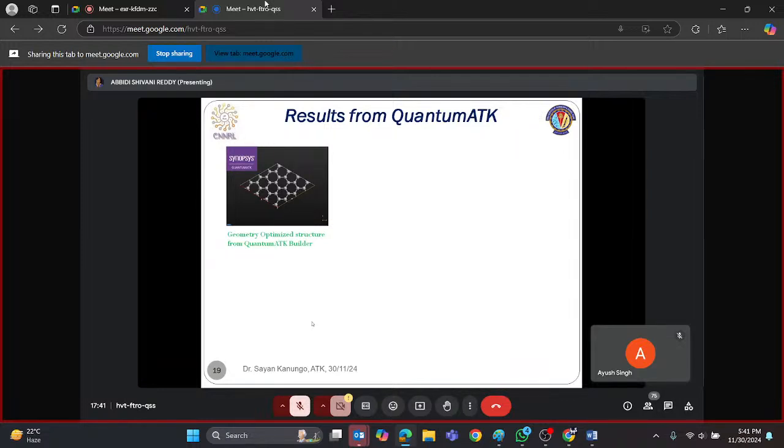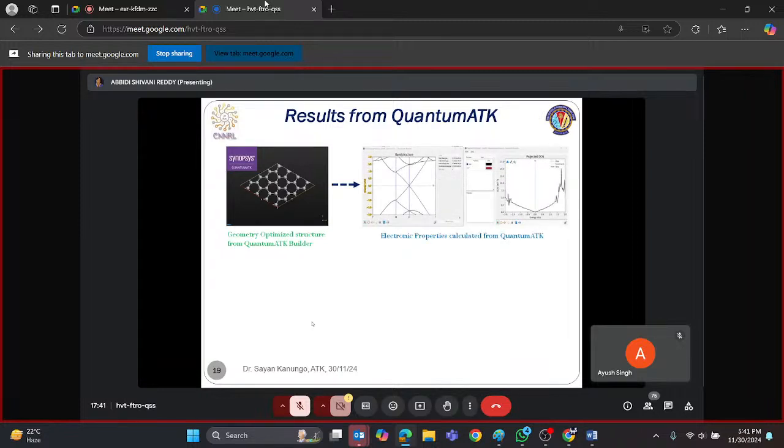Thereafter, the optimized 2D Xene has to be run with DFT simulations for calculating both the E-k structure as well as the density of states profile, which can be viewed using the Virtual NanoLab GUI of QuantumATK software.